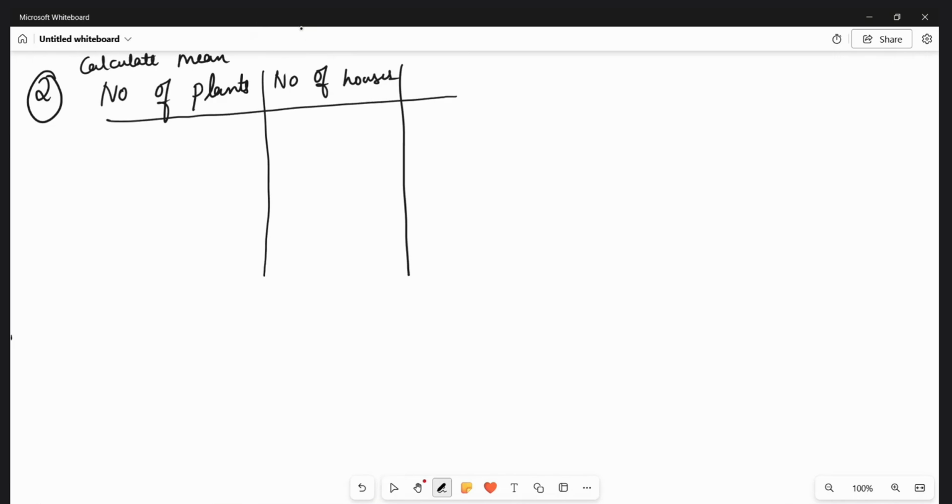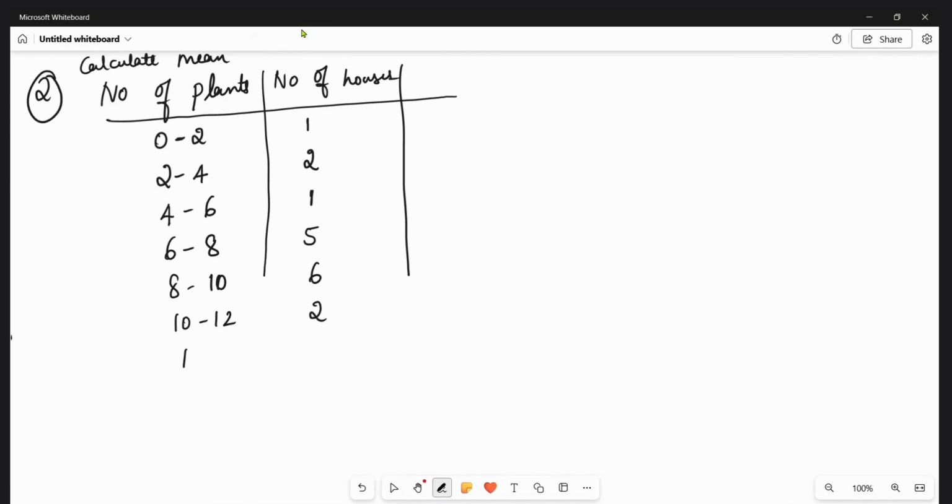So number of plants here, 0 to 2, it is 1. 2 to 4, it is 2. 4 to 6, it is 1. 6 to 8, it is 5. 8 to 10, it is 6. 10 to 12, 2. 12 to 14, it is 3.